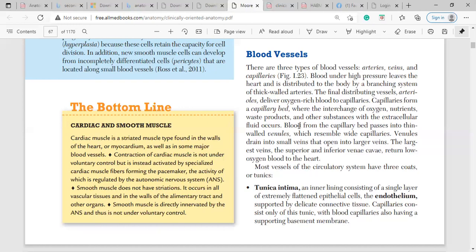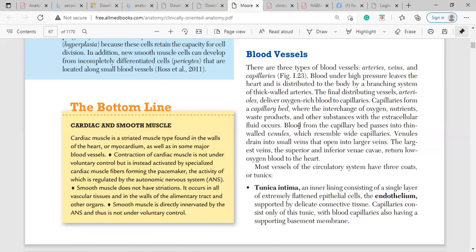We said arteries take blood from the heart and supply all other organs of your body, while veins take blood from all other organs and return the blood to the heart. Now, the veins do not have very thick walls, and the reason is that the blood flowing in them is flowing at low pressure. So veins carry blood at low pressure, unlike arteries, okay?